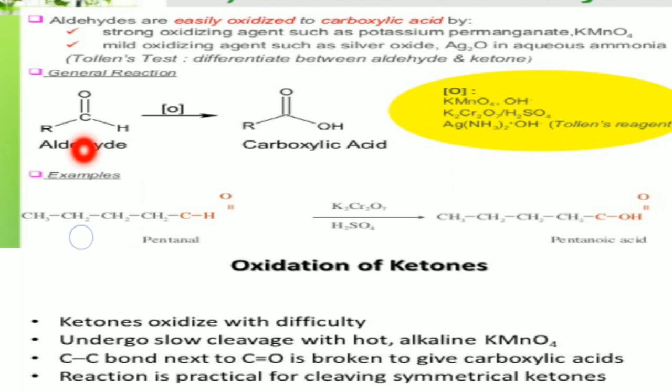Tollens reagent is a mild oxidizing agent. So, in the presence of this kind of oxidizing agents, potassium permanganate and potassium dichromate are called strong oxidizing agents.